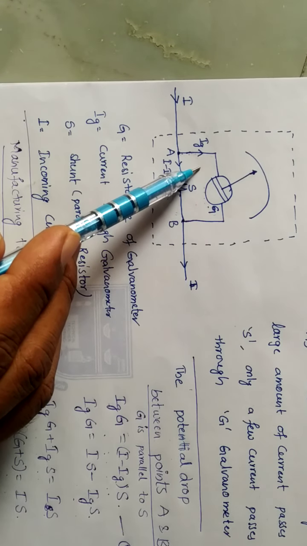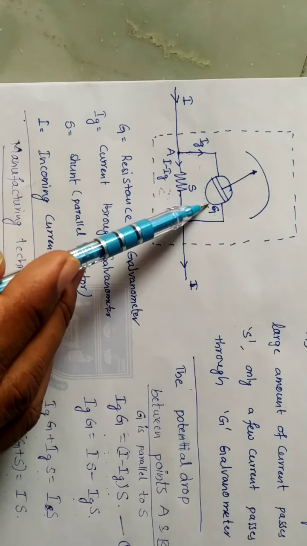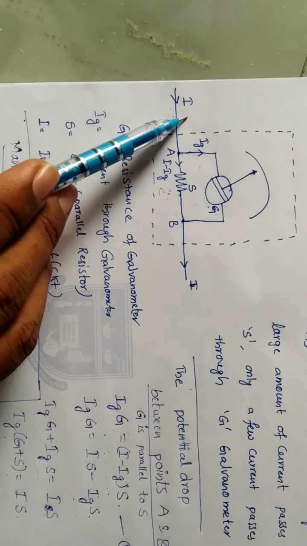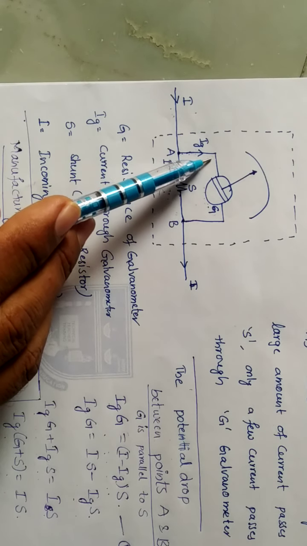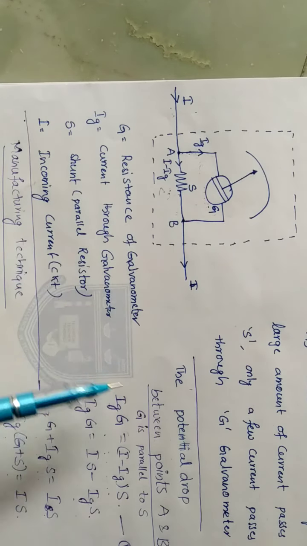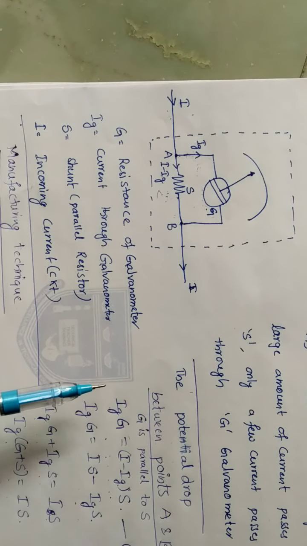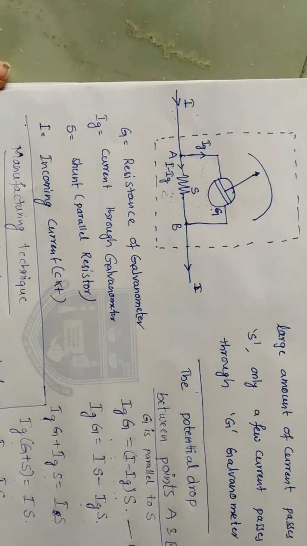Though Ig is very small, it is still proportional to the incoming current. This is the principle on which the ammeter works. Now we need to understand how the manufacturer makes the device.